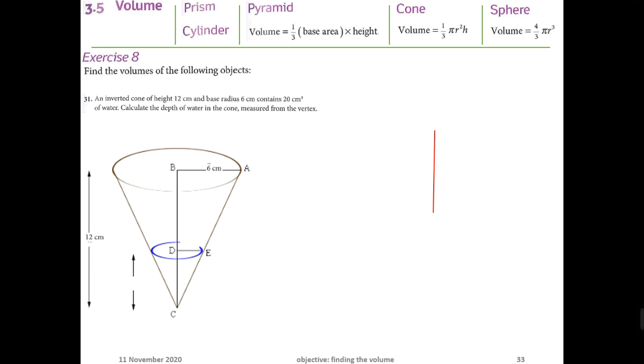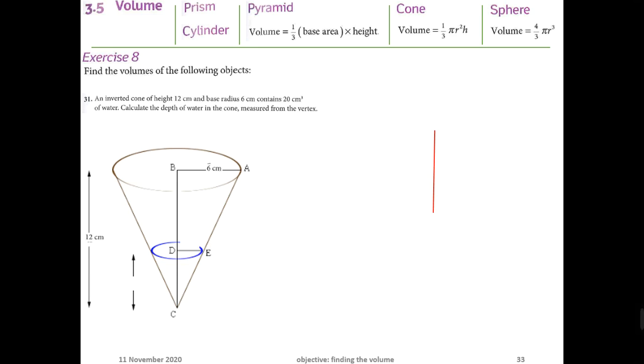So an inverted cone, a cone that is brought upside down, of height 12, and once again the height is the distance from vertex C up to the circular base of the cone, and perpendicular on it, is 12 centimeters, and base of radius 6 centimeters.